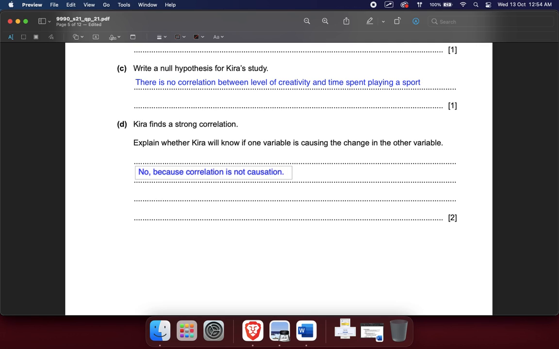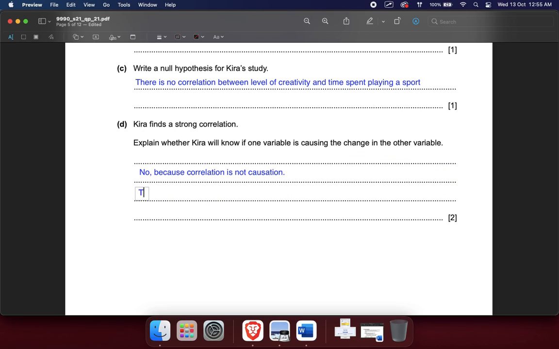Right, so that's pretty much the answer, but it's a 2-mark question, so we need to give a bit more detail. Okay. So what could a third variable be that's causing the change in creativity and sport?